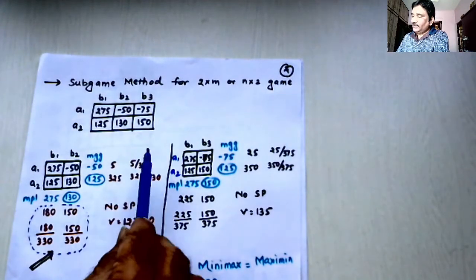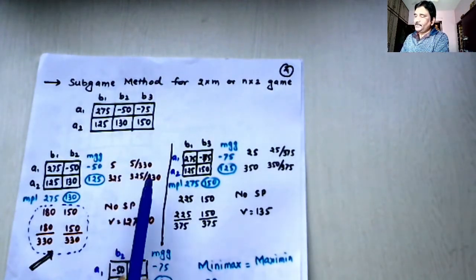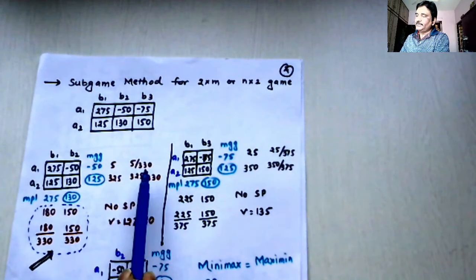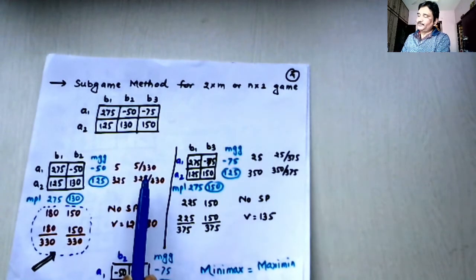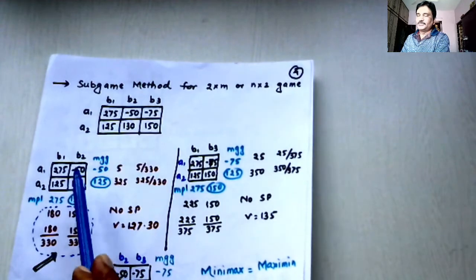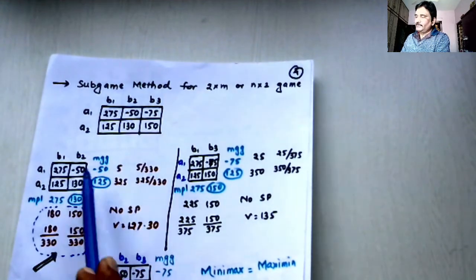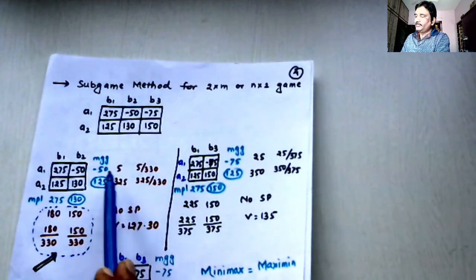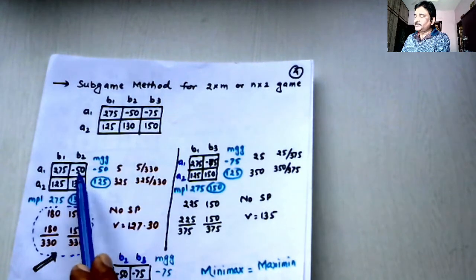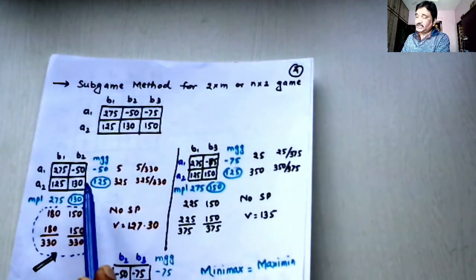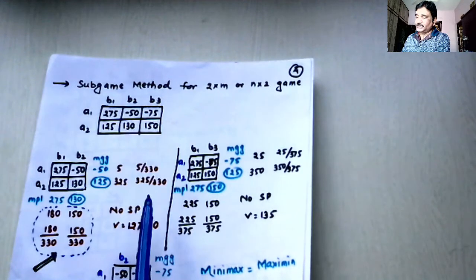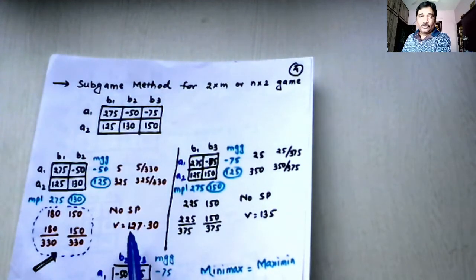So having got these proportions, 5 by 330, 325 by 330, multiply these proportions with any of the columns here. So what I get: minus 50 into 5 by 330 plus 130 into 325 by 330, I get the game value 127.30.